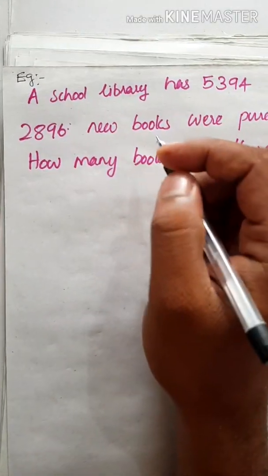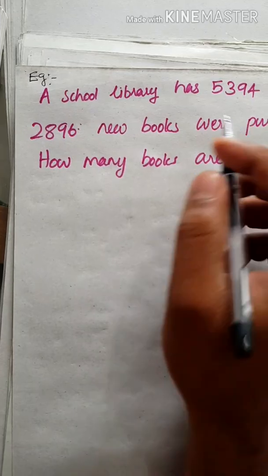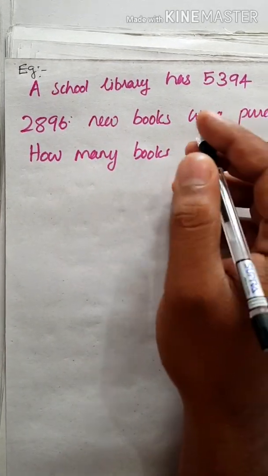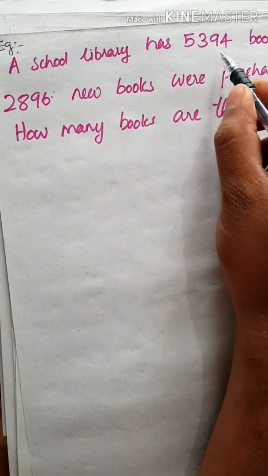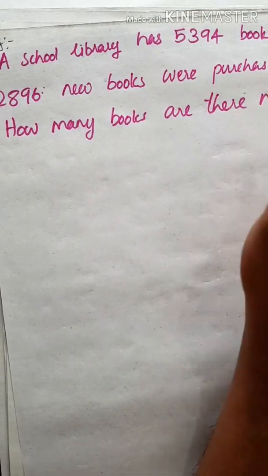So students, to solve this question, let us read the first line again. A school library has 5,394 books.